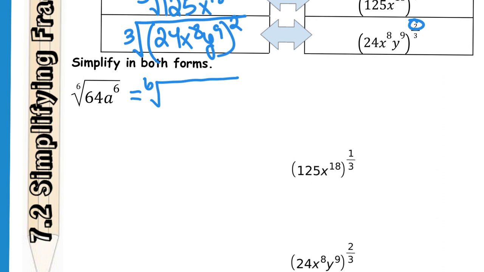So 64. Is there something that goes into 64 6 times? It totally is. It's 2 to the 6th. And then, of course, we have a to the 6th. If there's 6 2's and I'm taking the 6th root, then doesn't the 2 come out? And if there's 6 a's and I'm taking the 6th root, then the a comes out.